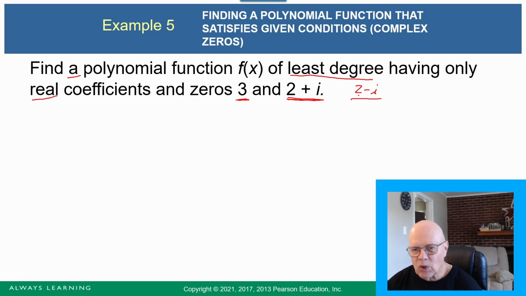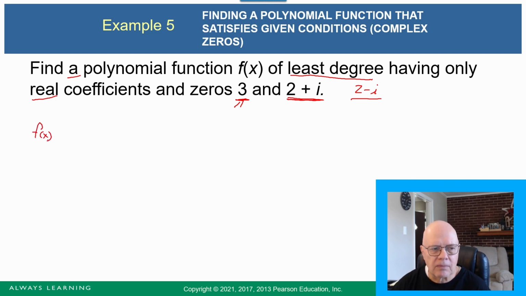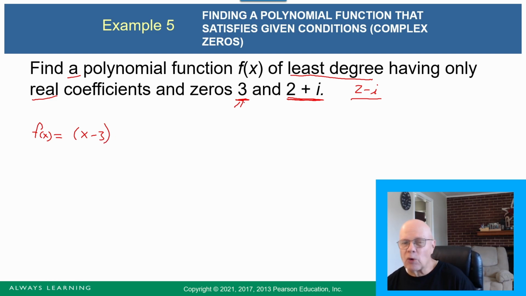So what does this look like? Well, let's take a look at this one first. We're going to build our polynomial. If 3 is a 0, then one of the factors is x minus 3. Remember that? Now, the other two are a little bit trickier because if 2 plus i is a 0, then look at this.